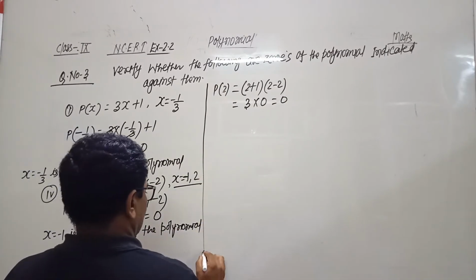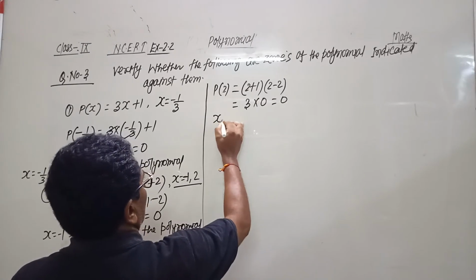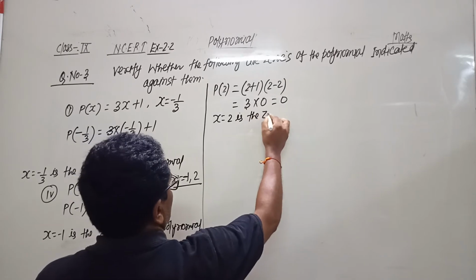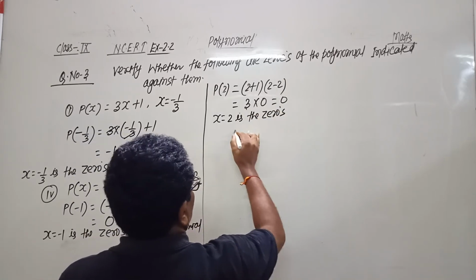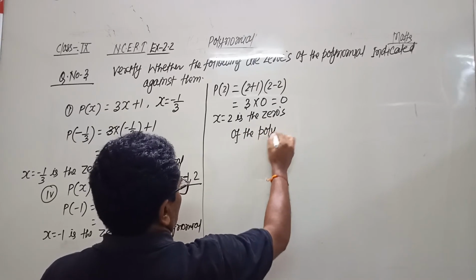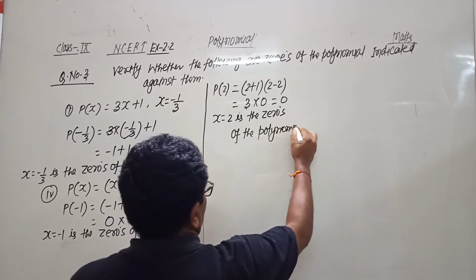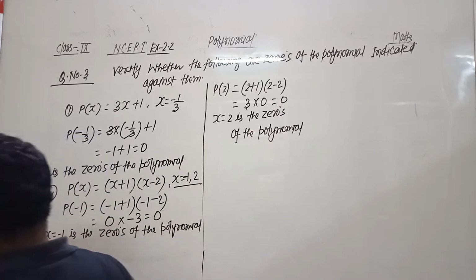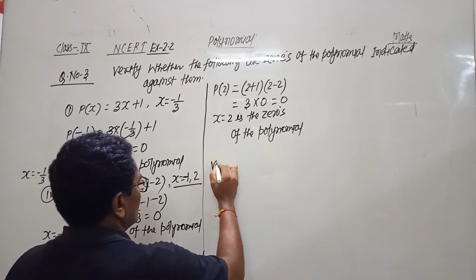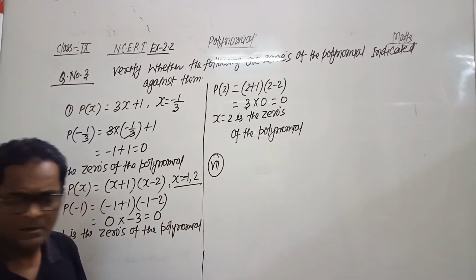So we write that x equals 2 is a zero of the polynomial. So both x equals minus 1 and x equals 2 are zeros of the given polynomial.